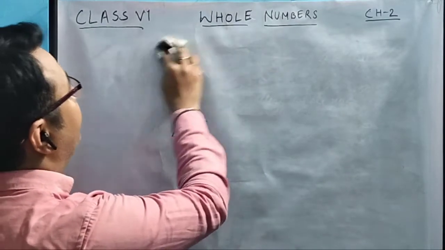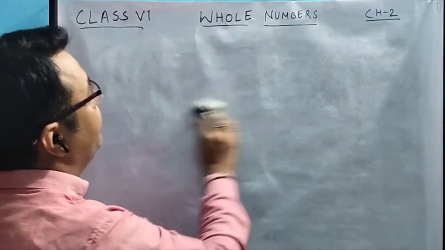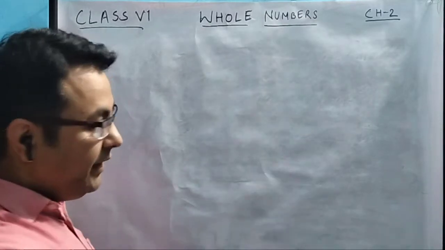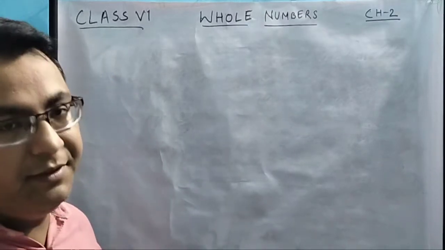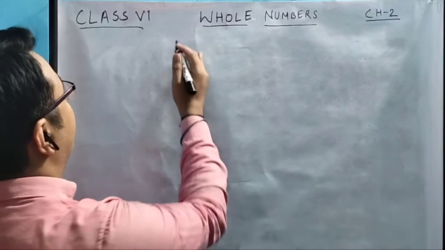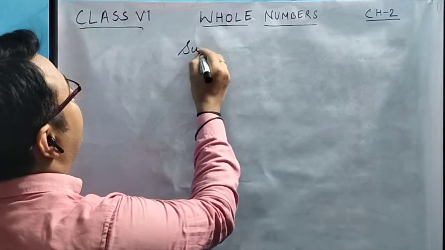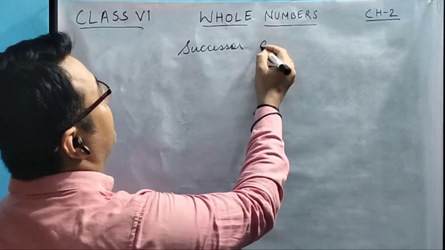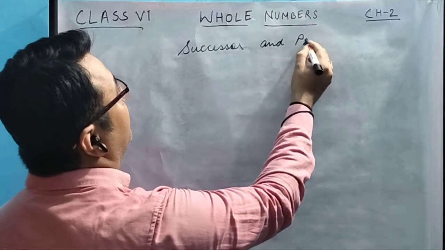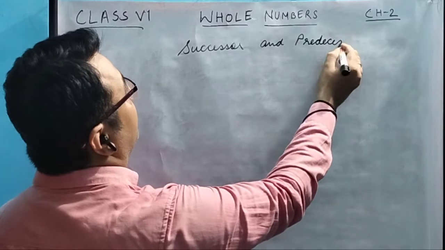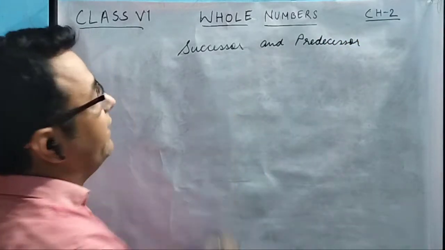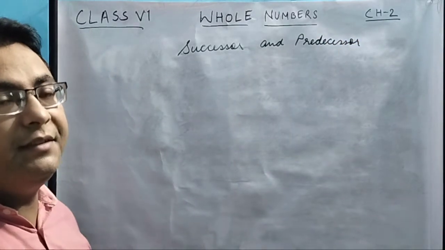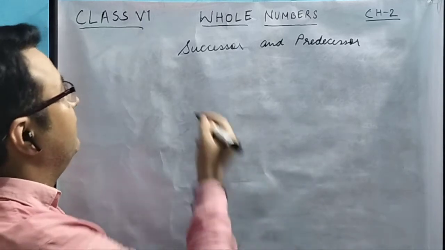After this topic, representation of whole numbers on the number line, we will study successor and predecessor. Successor, as the name indicates, means succeeding.